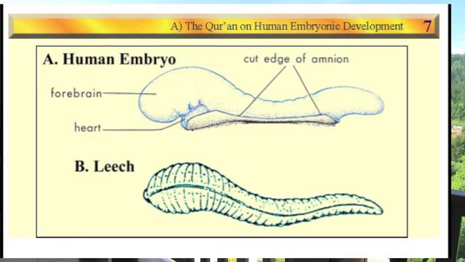The word alaka can mean leech, suspended thing, or blood clot. What Muslims have argued is they typically make drawings of the embryo looking somewhat like a leech. There's a popular Islamic apologetics book called A Brief Illustrated Guide to Understanding Islam, and they have a leech compared with the human embryo. I think the drawings are highly exaggerated.